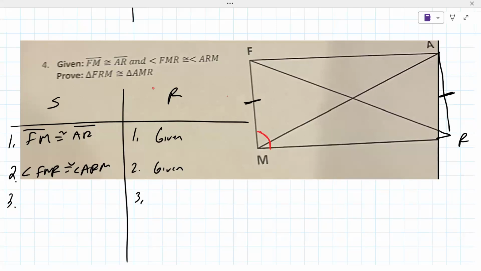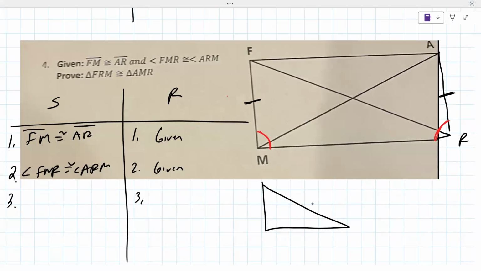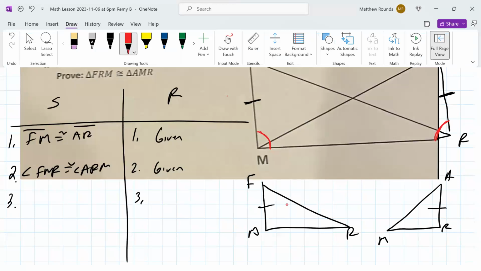Yeah, that's what I put down. And then ARM is over here. Now this is a problem where there's actually two overlapping triangles, FMR and ARM. It's not drawn well, but okay. So these are congruent. The red angles are congruent.